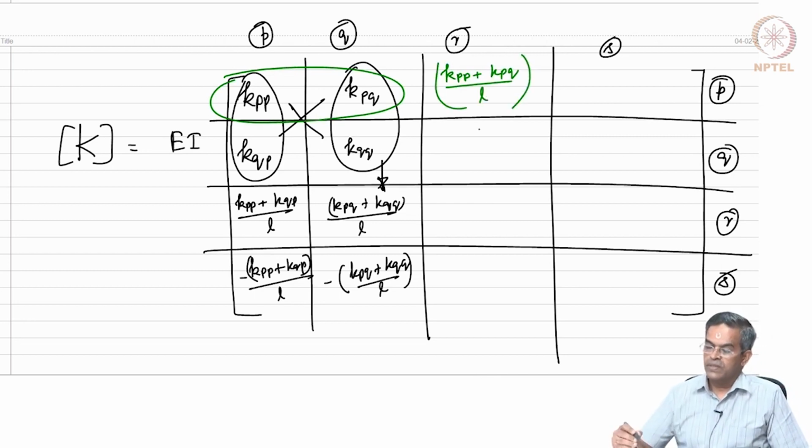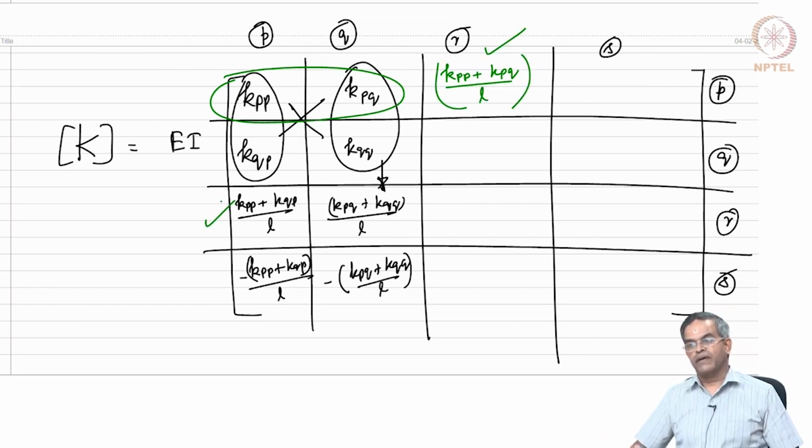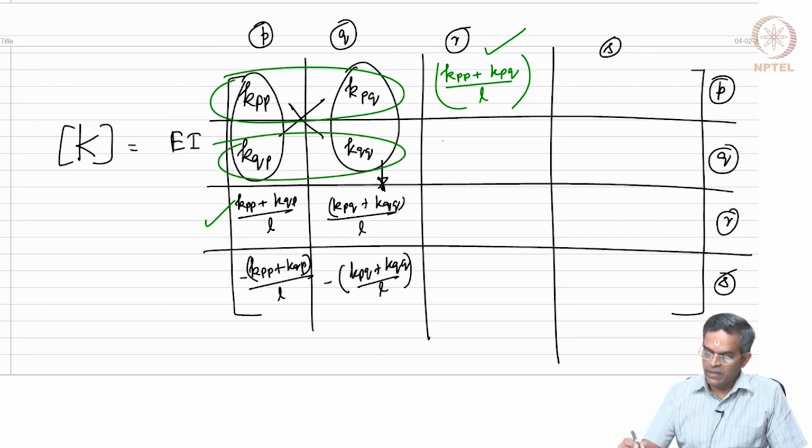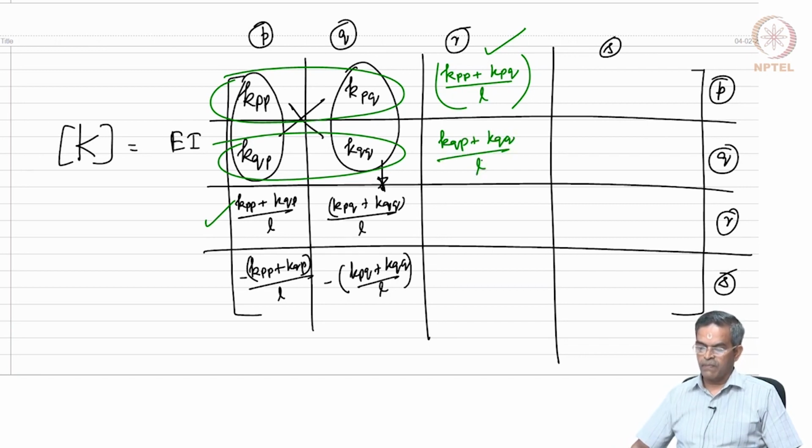Incidentally, friends, this value and this value are the same because the stiffness matrix is symmetric, okay, but do not go by that. There are possibilities where the stiffness matrix can become asymmetric as well. So, let us not bother about that. The sum of these two by L is here, which is KQP plus KQQ by L, okay.